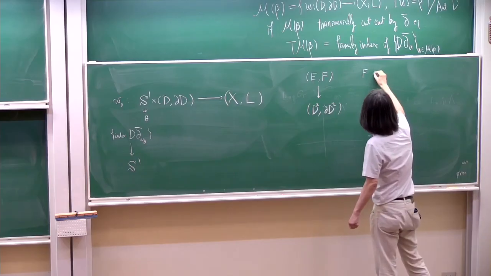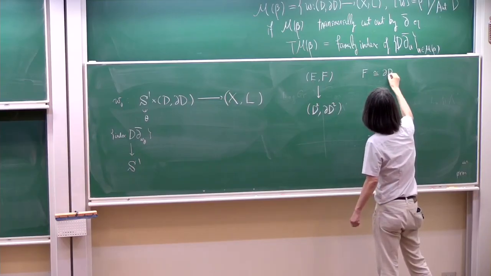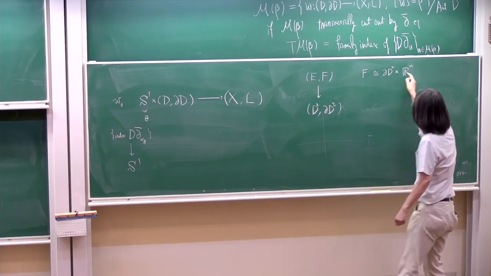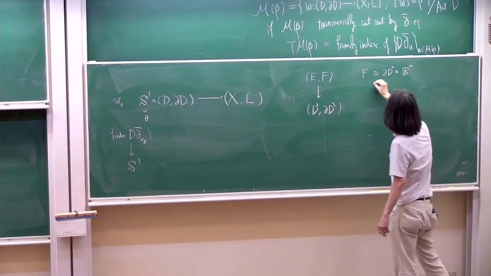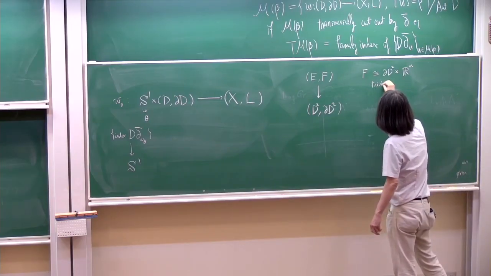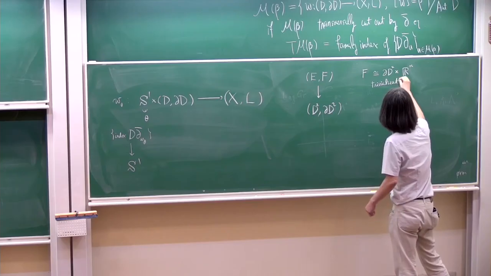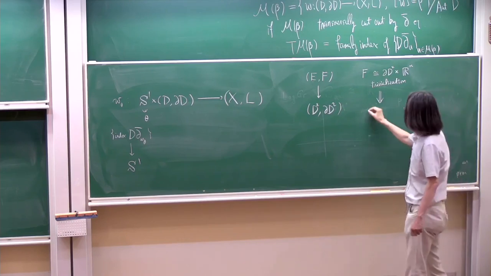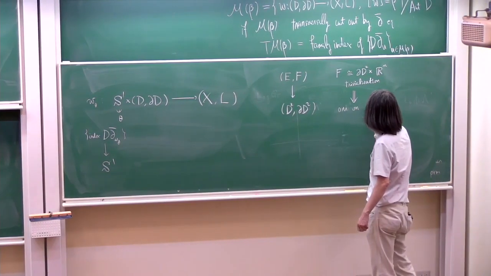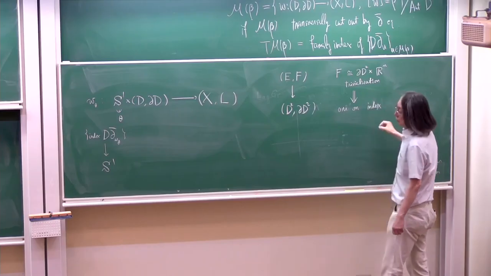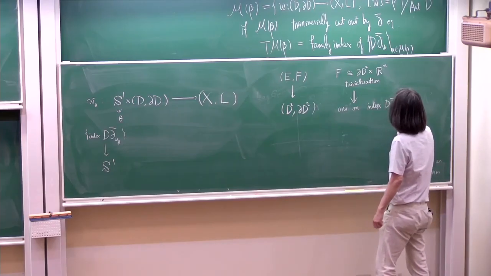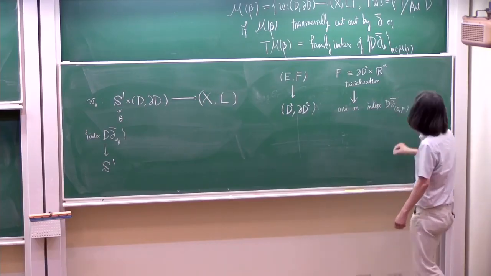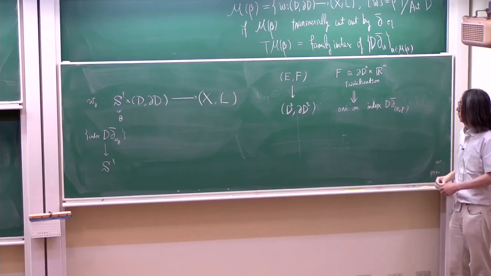So you fix one trivialization like D2 cross R^n or something. You just fix such a trivialization. If you have a trivialization, then from here we can give an orientation on this index space, for this d bar operator. So this is one key idea.